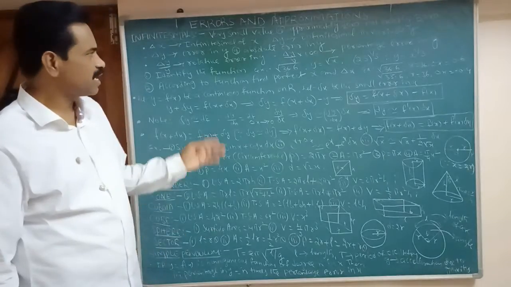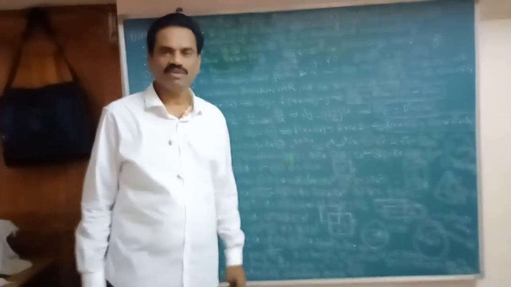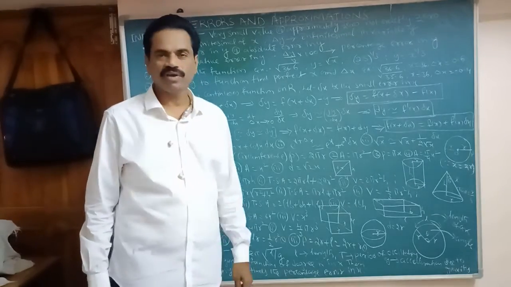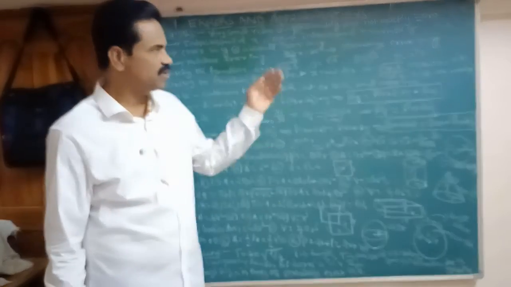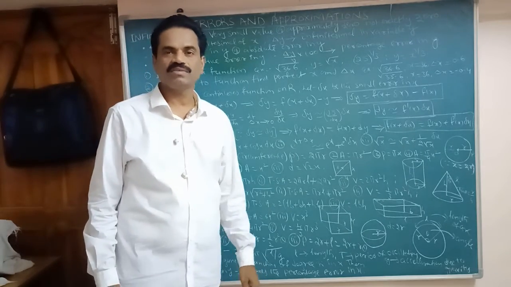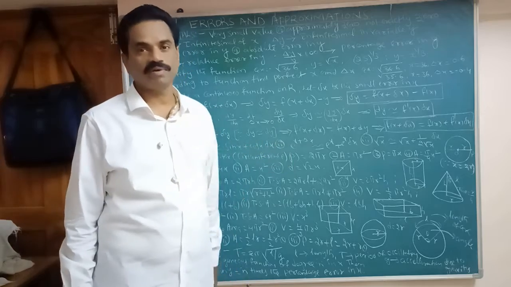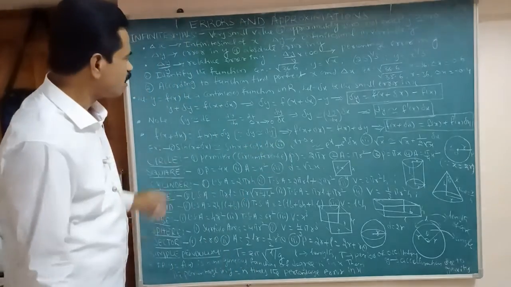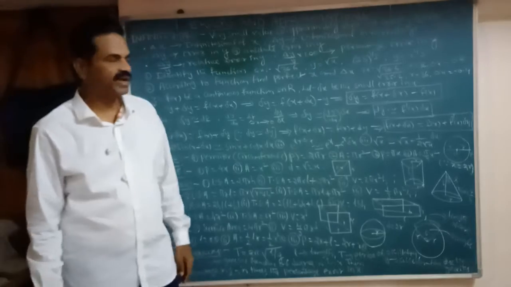Root 36.6 is there, then y equal to root x. 25 power 1 by 3 is given, then y equal to x power 1 by 3. According to the function, find the perfect x.